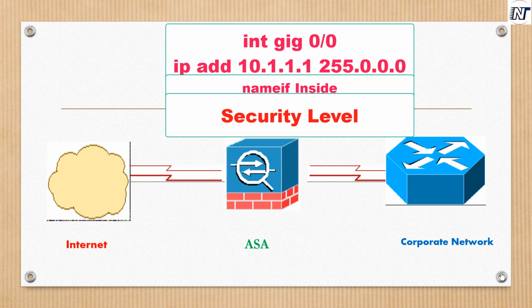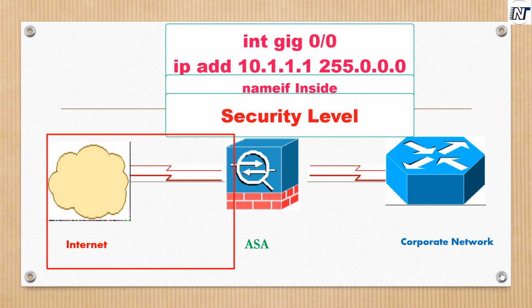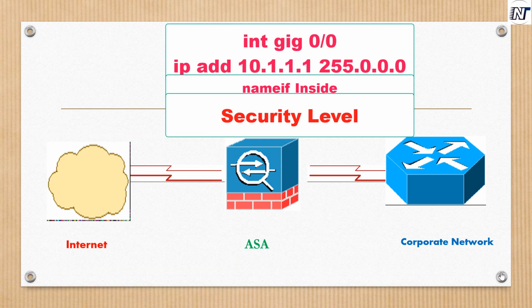And the lowest security level, the one I don't trust at all, is generally the internet, with a security level of 0. You determine the trustworthiness of the interface by specifying this security level. So this is another very important command that you need to specify on the interface.